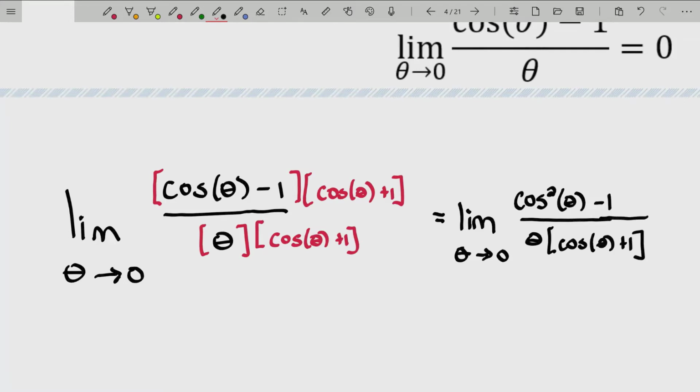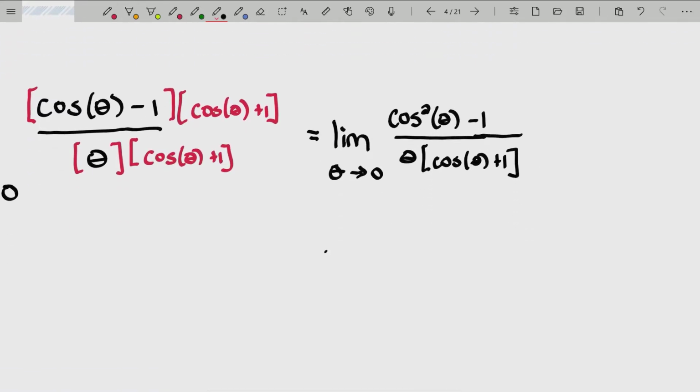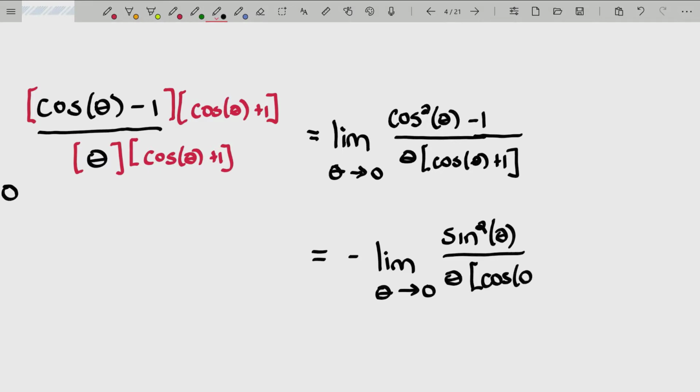That's not too bad. And you happen to know that 1 minus cosine squared would be a sine squared. So cosine squared minus 1 would be a negative sine squared. So I'm going to write this as a negative limit as theta approaches 0 of sine squared of theta over theta times the quantity cosine of theta plus 1.